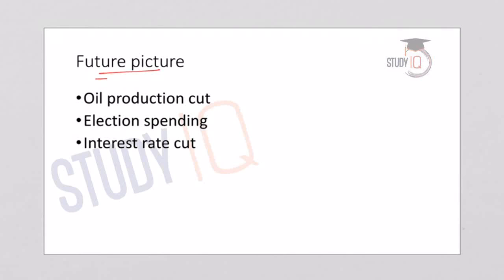Now coming to the future picture. Saudi Arabia, a major supplier of oil and fuel to India, has committed to deepening its production cuts. If there is an oil production cut, it will increase the prices of oil. So as an impact of this, what will happen? The cost of production will go up.